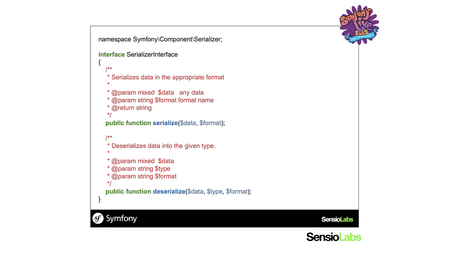And you have, of course, the deserialize method that converts a string, so an XML or JSON string. It takes the type, so the class, the fully qualified namespace of the class you want to convert your PHP to, and then the format in which you want to convert the string.